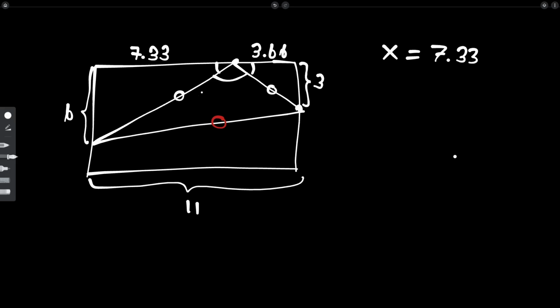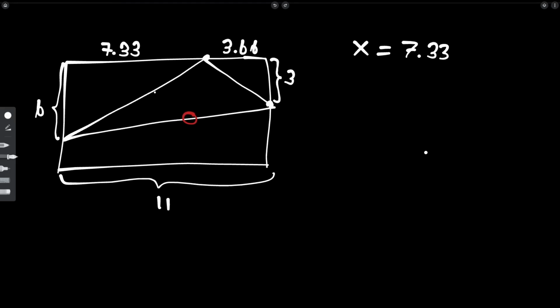So first, let me find these side lengths. For this side, I'll solve this entire triangle first, actually. We have 6 squared plus 7.33 squared equals c squared. And when we solve for the c, we take the square root of the whole thing.